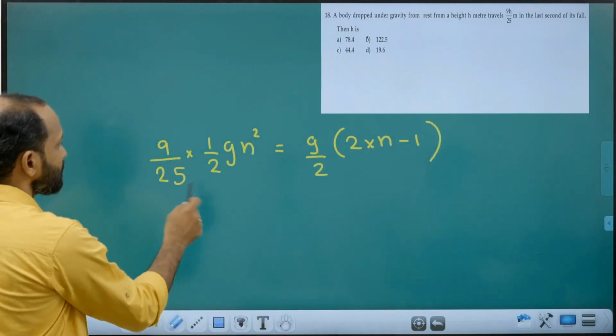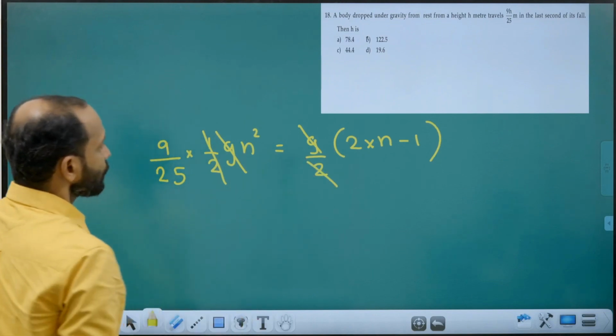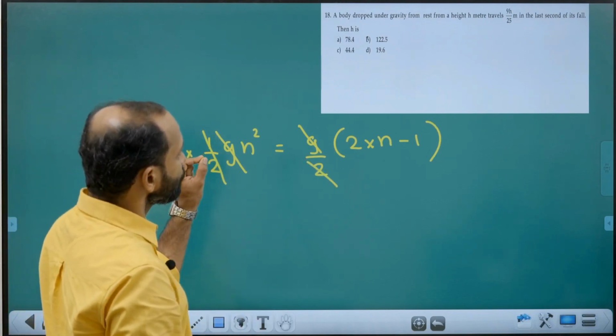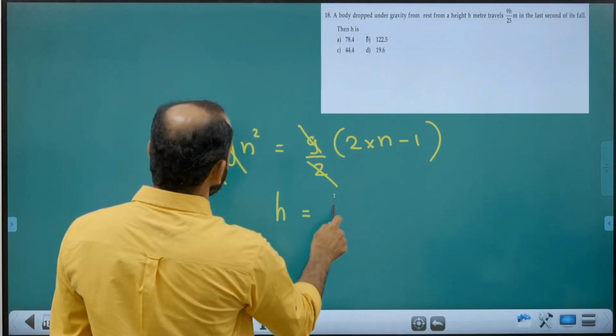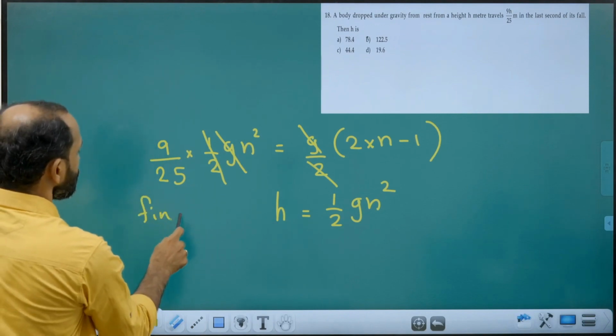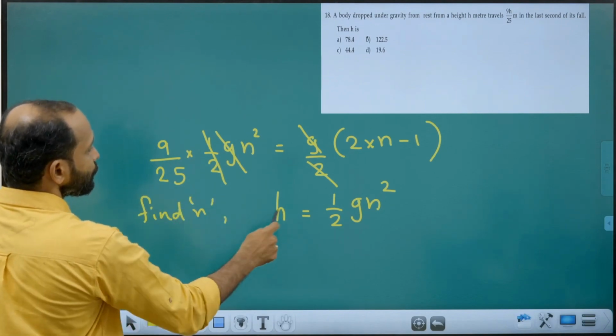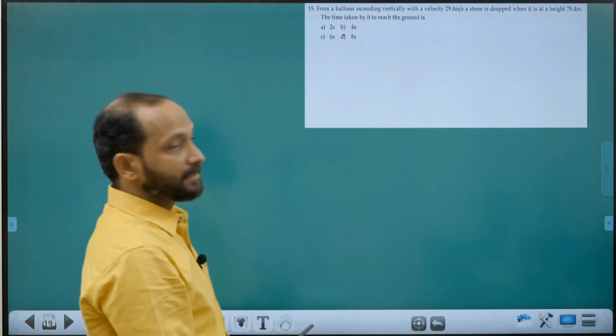Following the same steps as before, you cancel g, cancel this half. You can find the value of n, then substitute to get the value h by using half g n square. Find n from the first equation, substitute and get the answer as answer box 90.